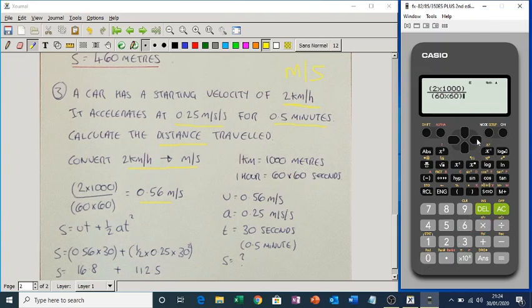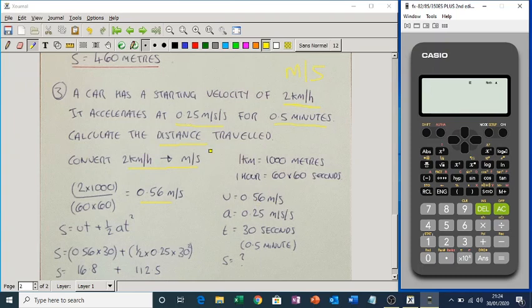Close that. Equals 5/9, that's 0.5555555, so 0.56 meters per second. So that is our starting velocity.